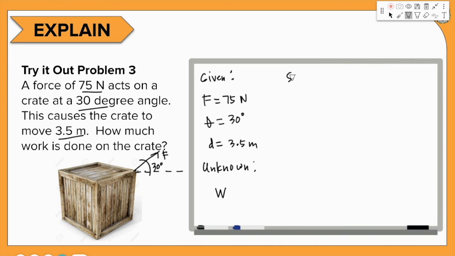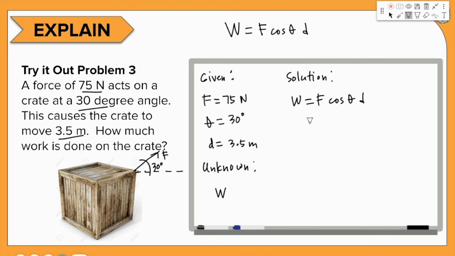Okay, so let's solve. The formula to use would be the one with the cosine, remember? So work is equal to F cosine theta times d. Let me just write that again in here.